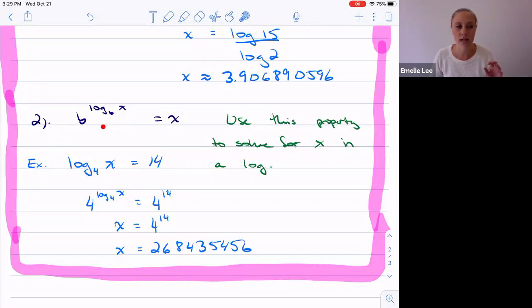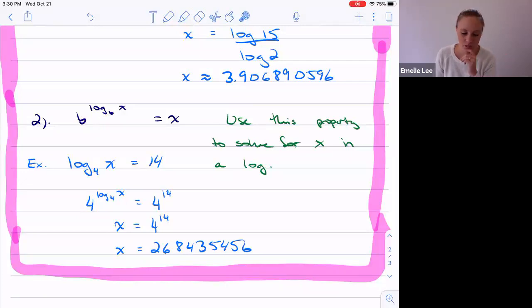We're just applying the property that says if you have b to the power of log base b of x, then in my mind they cancel and you're just left with x. Just like multiplication undoes division and vice versa, raising something to the power of the base is going to undo the log.